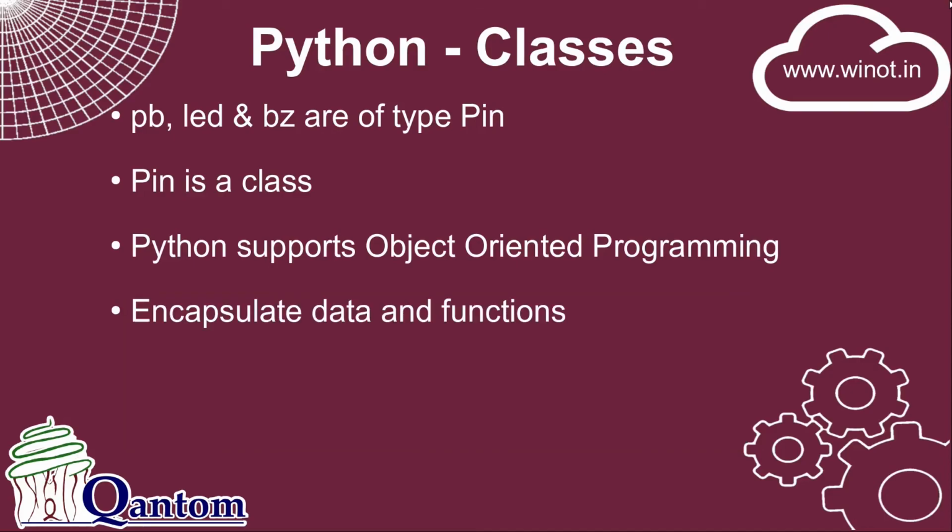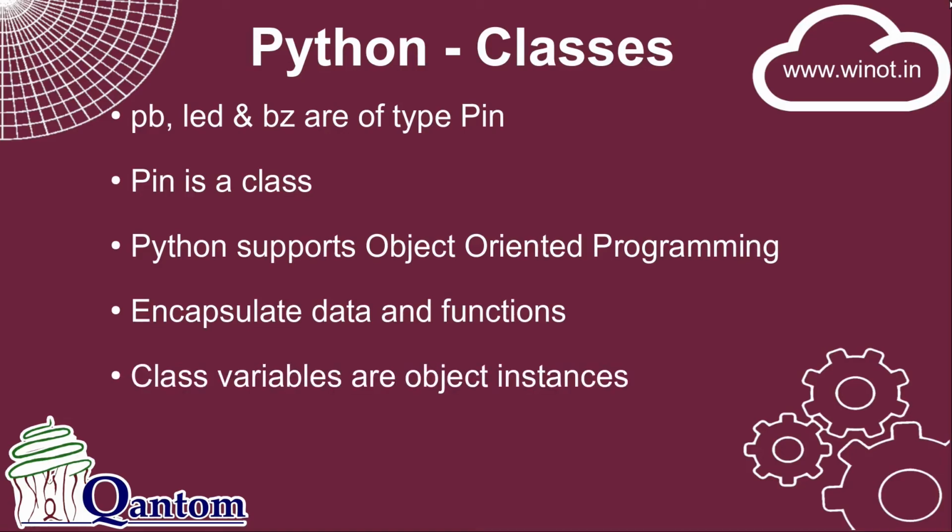In object-oriented programming, data and functionality are encapsulated into one unit called a class. The class has everything required to emulate the working of an object. For example, the pin class has everything that's required to control a GPIO pin: setting the pin as an input or output, changing the state of the pin, reading the state of the pin, etc. When variables of a class are defined, these variables become object instances of the class.